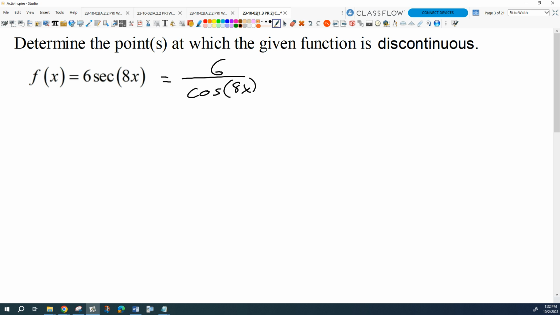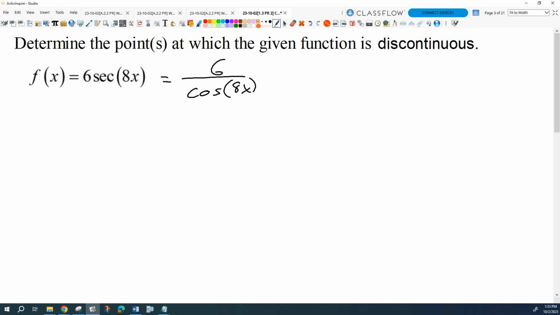Now, what are the kinds of places where this function is going to be discontinuous then? Which red flag is popping up here? What are you seeing about this that's saying, okay, red alert, there's going to be some problems? Don't worry about the 8x part. Just ignore that for now. I don't want specific values. Just be very general here.